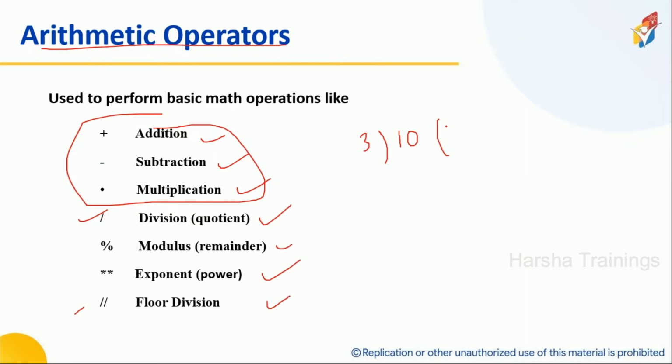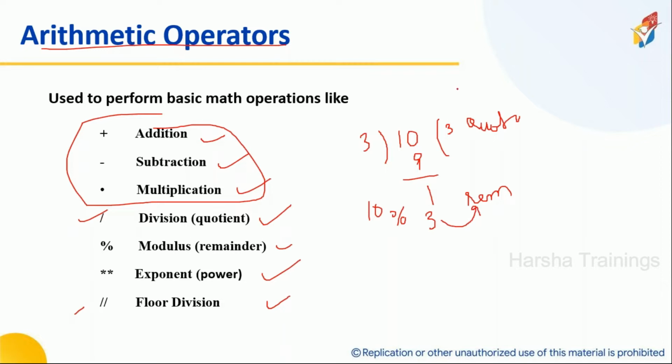Three threes are nine, and 10 minus 9, the remainder is 1. This I will call the remainder, and this 3 is called the quotient. Now, how to get quotient and how to get remainder, let us discuss. 10 mod 3 will always give us the remainder.